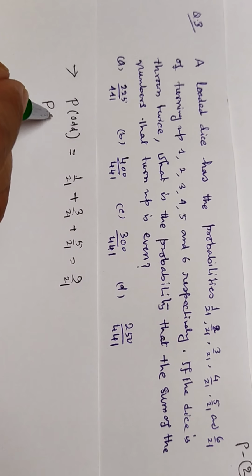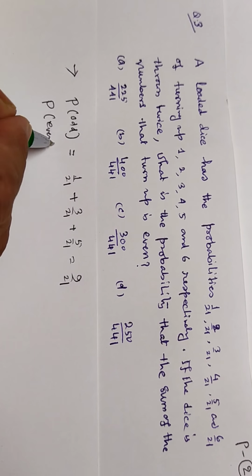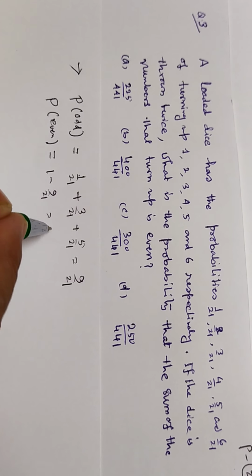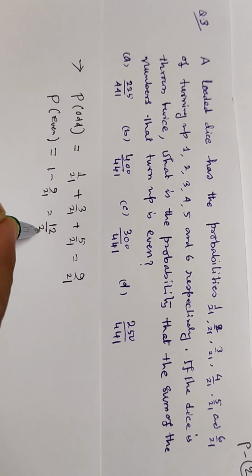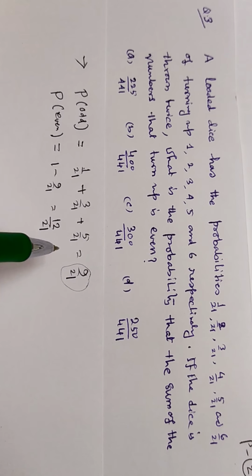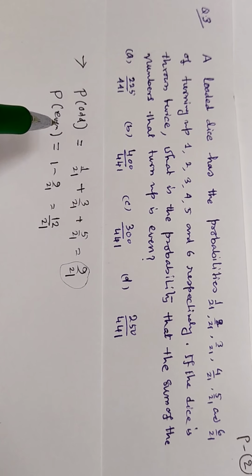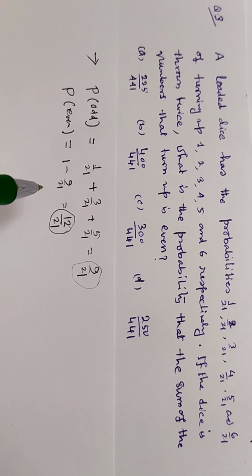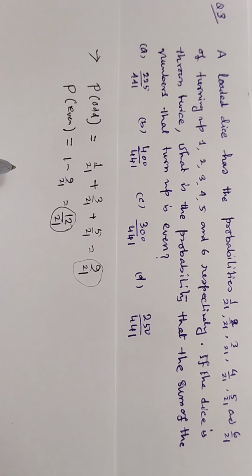Then what is the probability that an even number appears? That should be 1 minus 9 by 21 equals 12 by 21. So this is the probability that any of the odd numbers will appear in a toss, and this is the probability that any of the even numbers will appear in the toss.